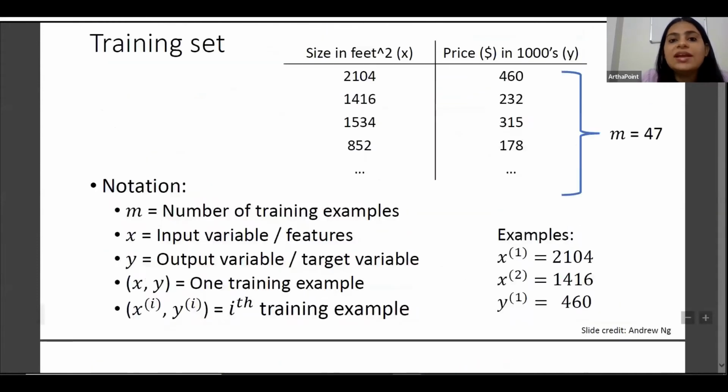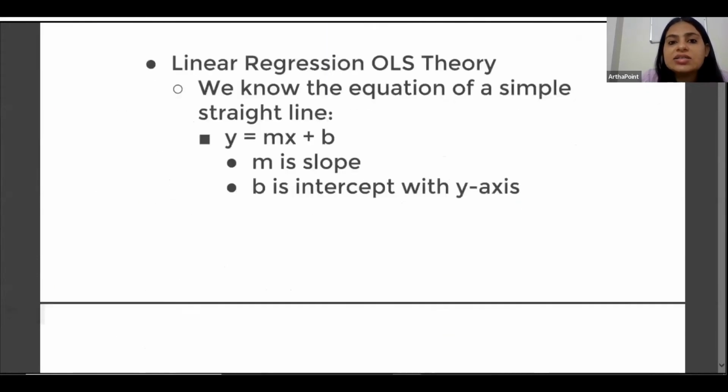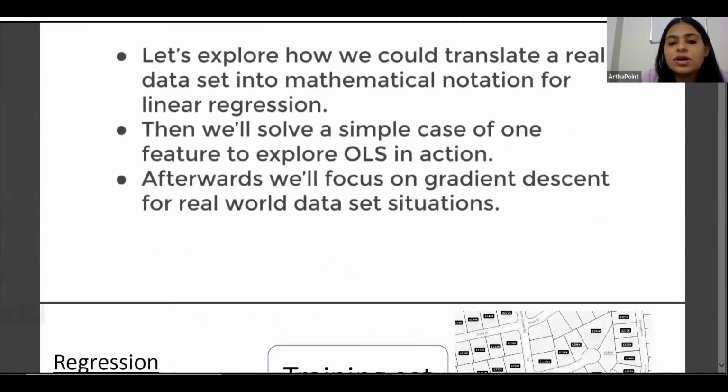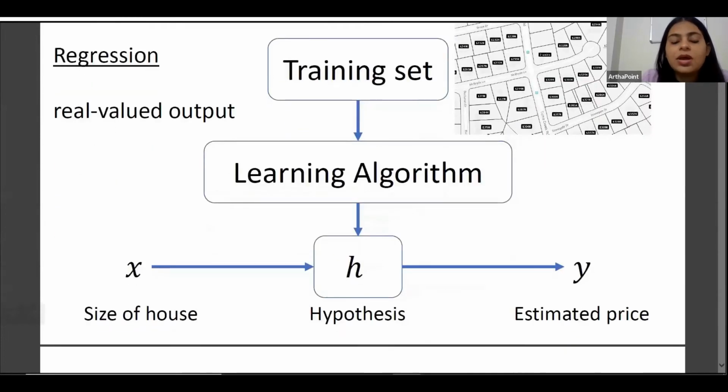Okay, let us go ahead and explore this equation in terms of an example. But before I go ahead to that example, I would like you to understand how we work with linear regression in the real world. So we usually have a training data set.